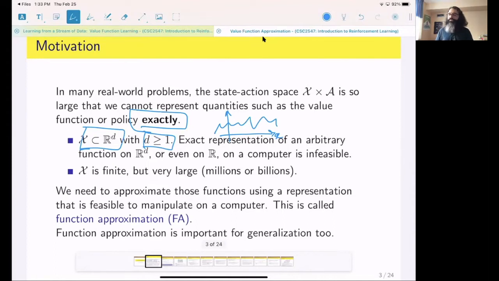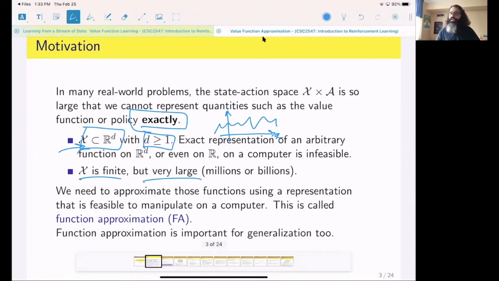Another case where the state space might be large is that it is not R^D, but it is finite and very large. For example, we have millions or billions of states.